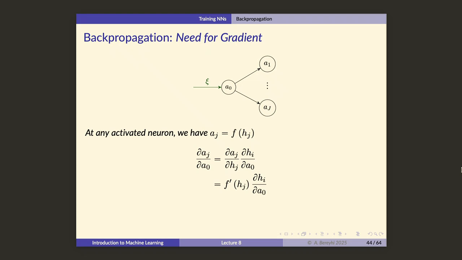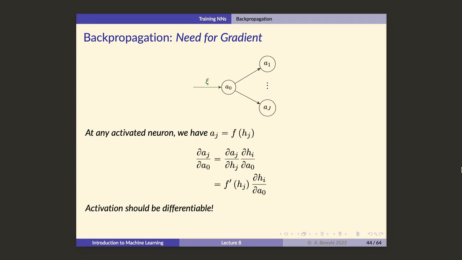That partial derivative of Aj with respect to hj is simply the derivative of the activation function, which is essentially important. If it is always 0, then you're going to have this value 0, and this is going to zero everything after that. You need to have a gradient. This is why we have a smooth function.